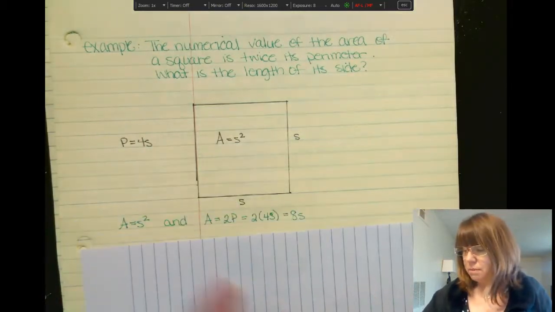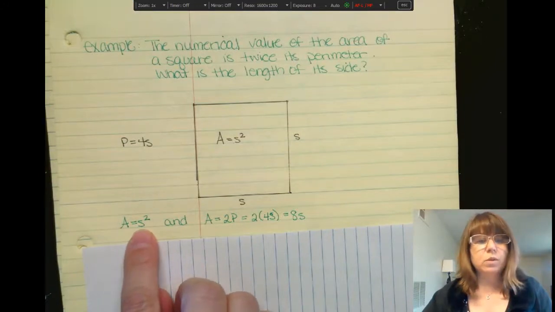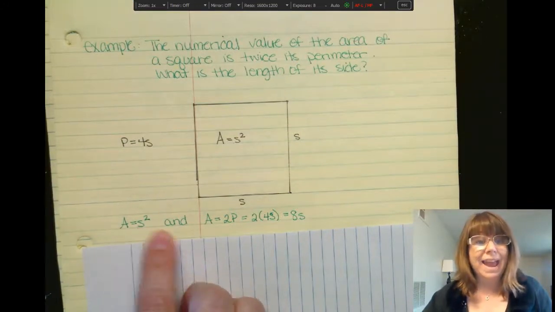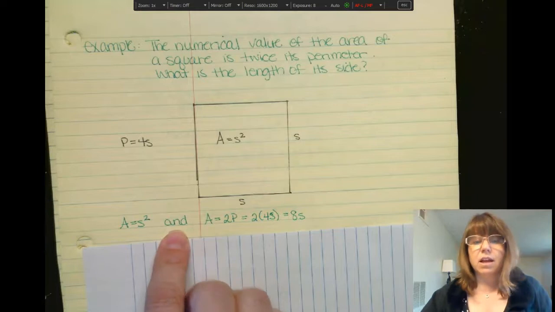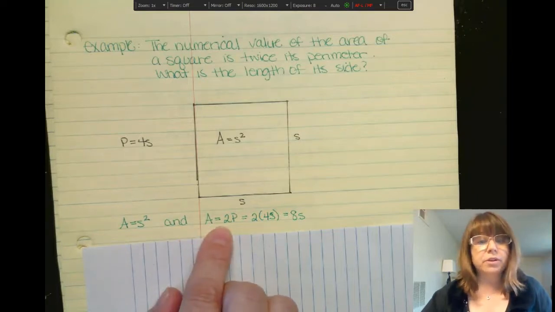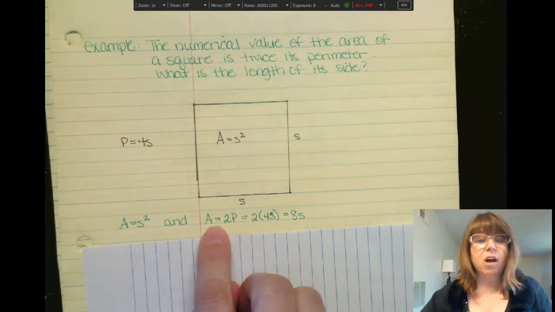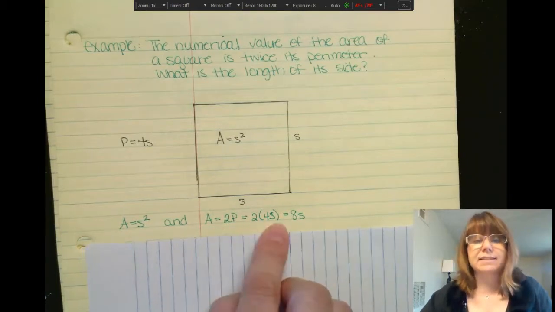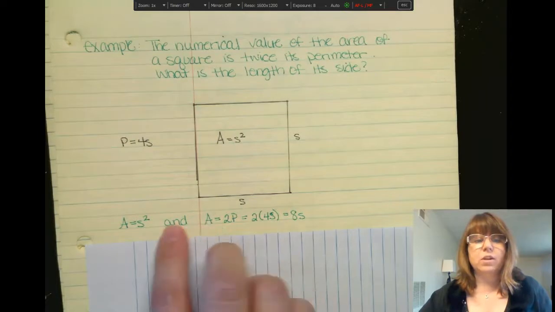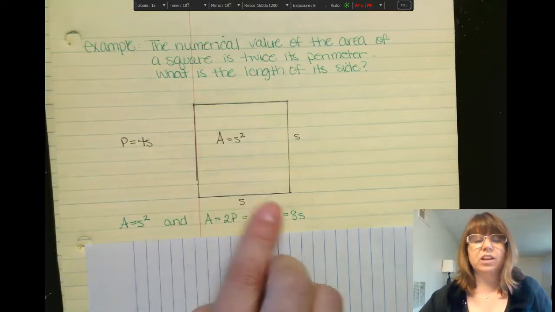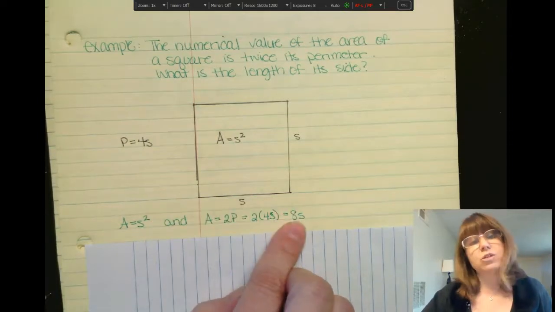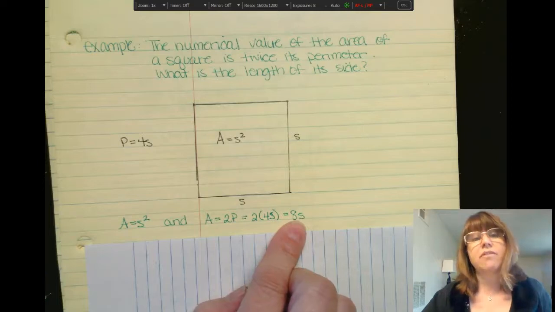For this problem, my area will equal the standard equation, side squared, and it equals twice the perimeter. So if my perimeter is 4s, my area also equals 8s. Well, if I know it equals s squared and I know it equals 8s, I can set those two equal to each other and solve for s.